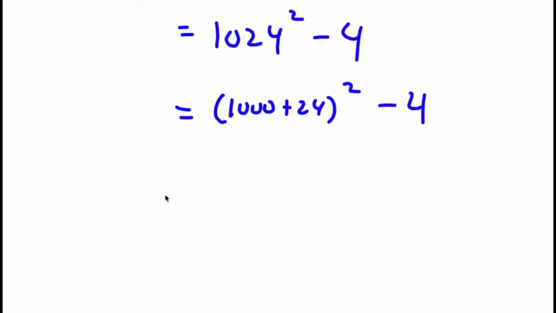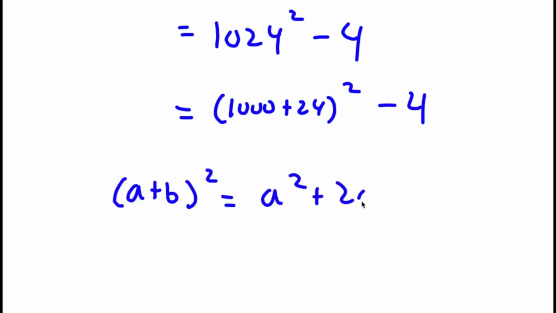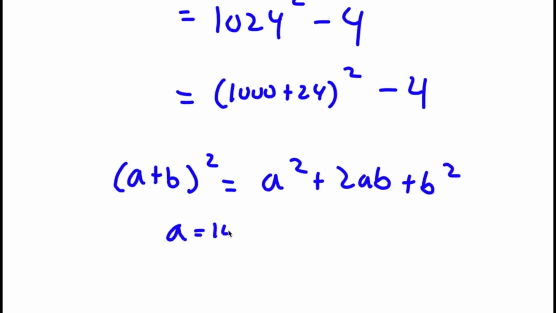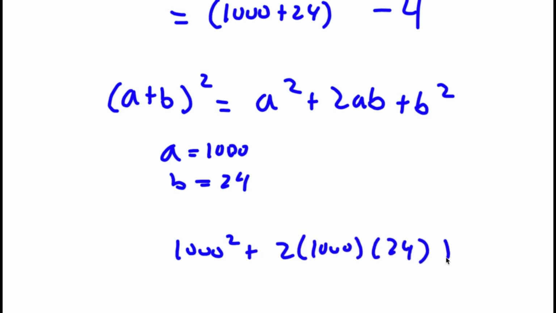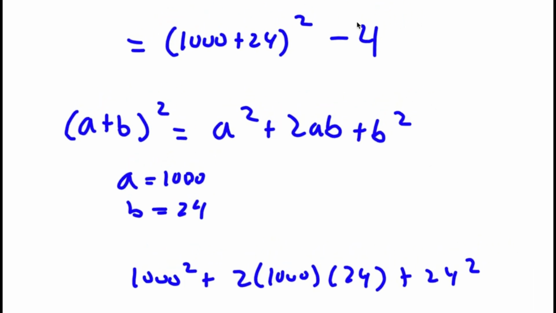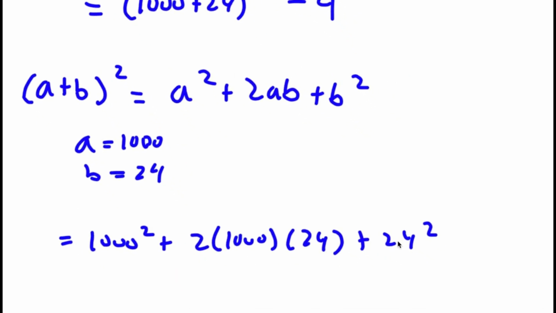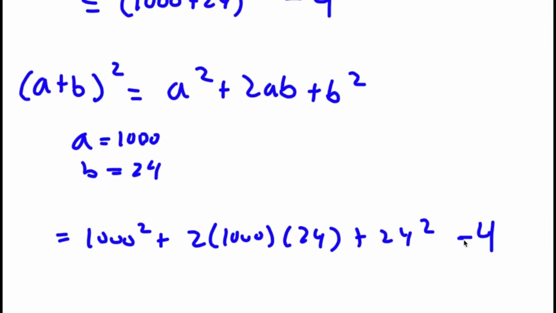Now if I have something in the form a plus b squared, this is equal to a squared plus 2ab plus b squared. In this case, a is equal to 1000 and b is equal to 24. So I have 1000 squared plus 2 times 1000 times 24 plus 24 squared. And then I have my minus 4 at the end.